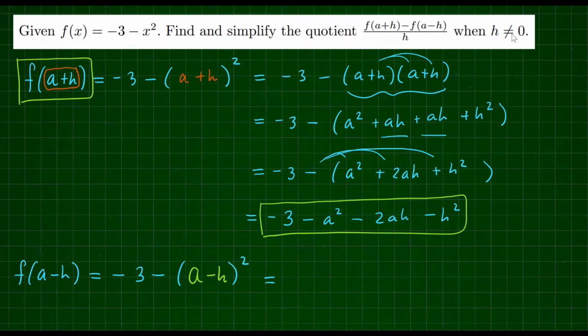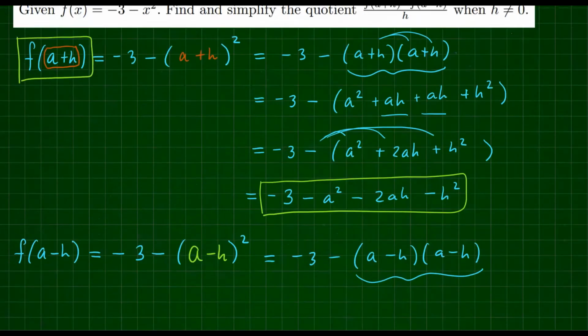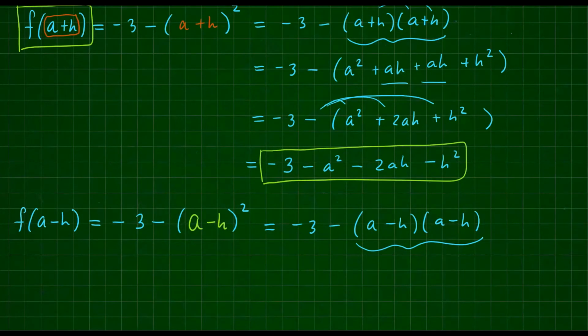So this would be -3 minus a minus h times a minus h. And then again, we expand this out. By expanding it, we will get -3 minus a squared, in this case, minus ah minus ah plus h squared.